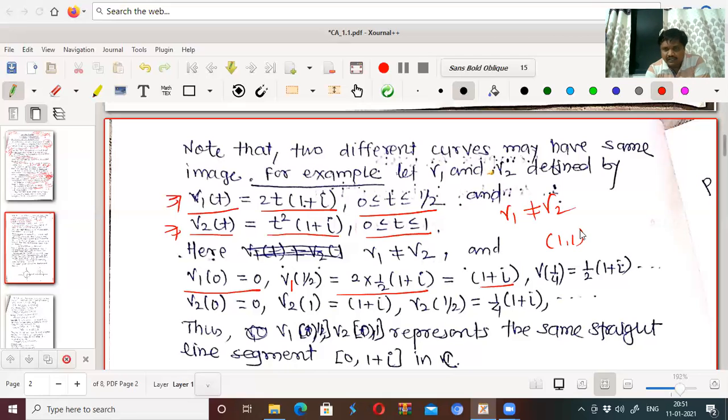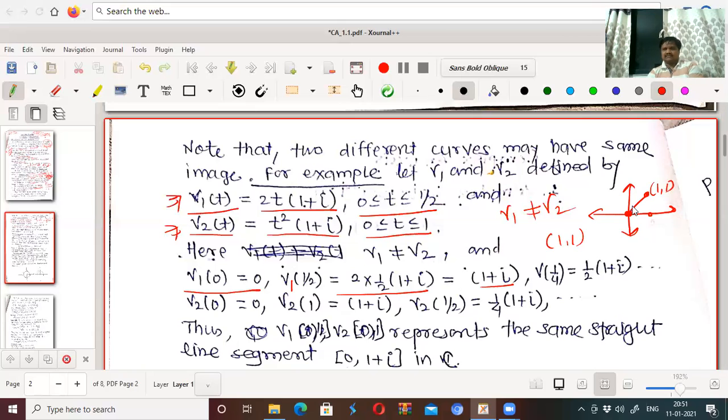So in the complex plane it should be like this: gamma 1 at 0 is the point 0 comma 0, and gamma 1 at 1 by 2 is 1 comma 1, that is 1 plus i.